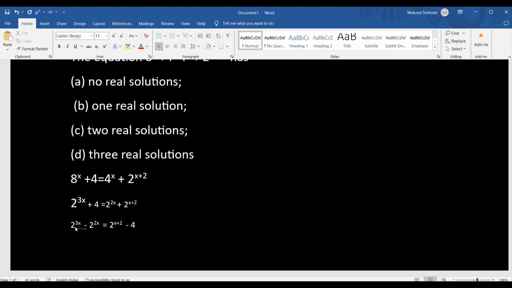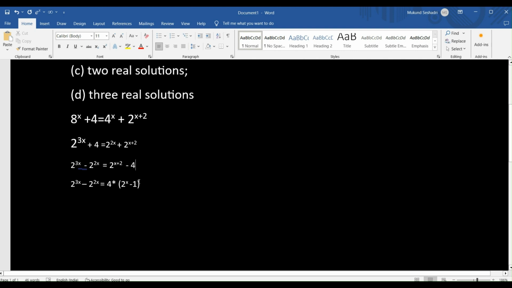So that way I can rewrite this as 2 to the power 3x minus 2 to the power 2x equals 2 to the power x minus 1, I'm sorry, minus 1 into 4, right?